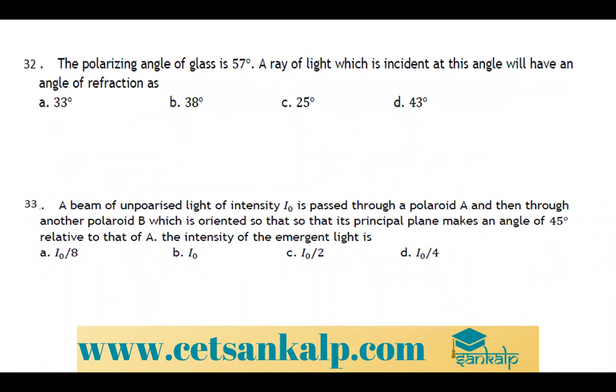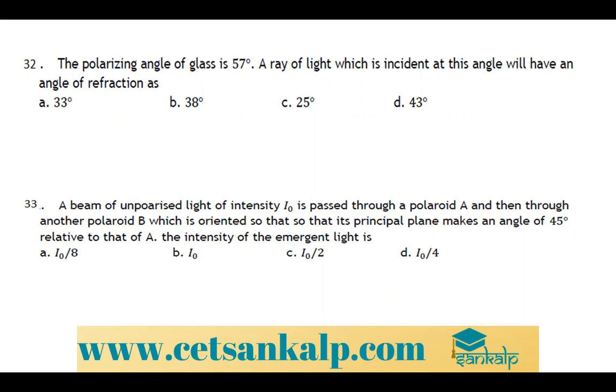The polarizing angle is 57 degrees. A ray of light which is incident at this angle will have an angle of refraction r. We have to find r. According to the concept, as the ray of light is incident on glass at the polarizing angle, the reflected and refracted rays are perpendicular to each other.